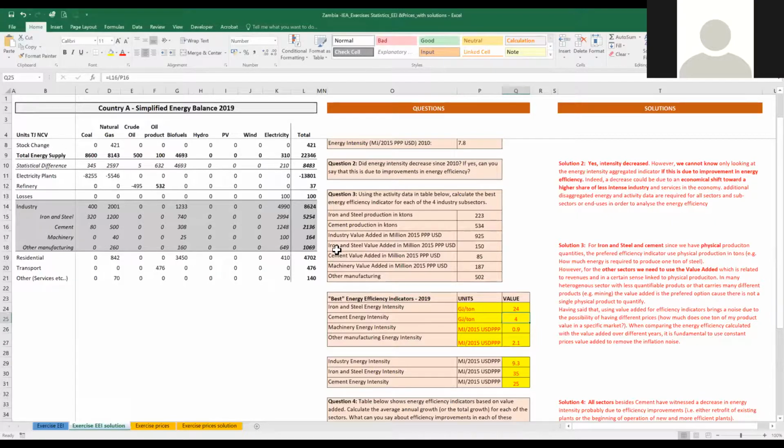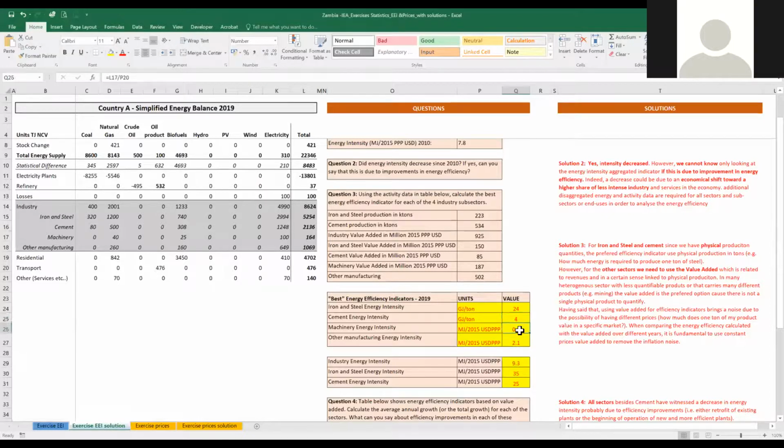However, using value added for efficiency indicators brings a certain noise because of the possibility of different prices. So how much does 1 ton of oil, or 1 ton of my product, value in a specific market, for example? When comparing the energy efficiency calculated with value added over different years, it's very important to use constant prices value added to remove that inflation noise.